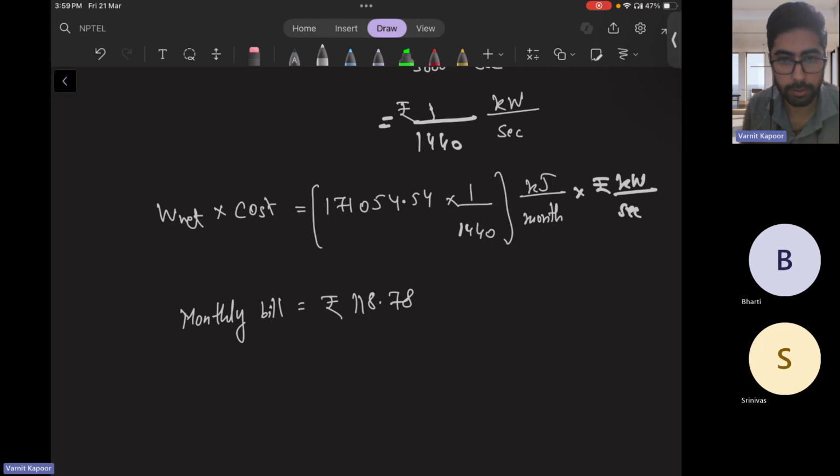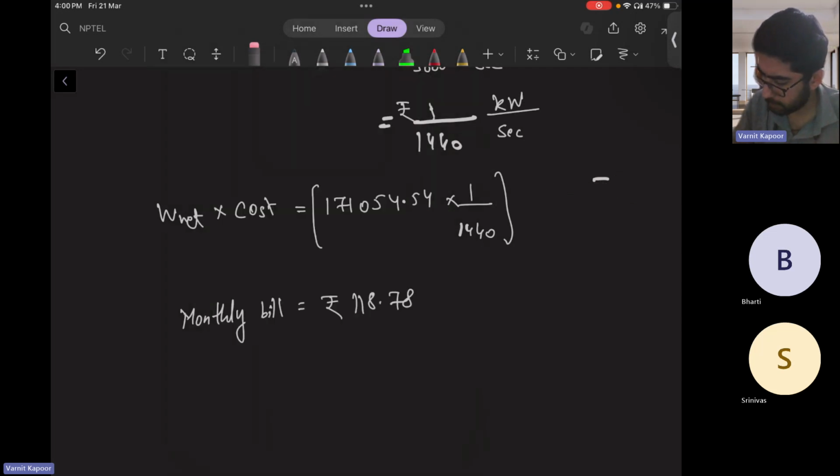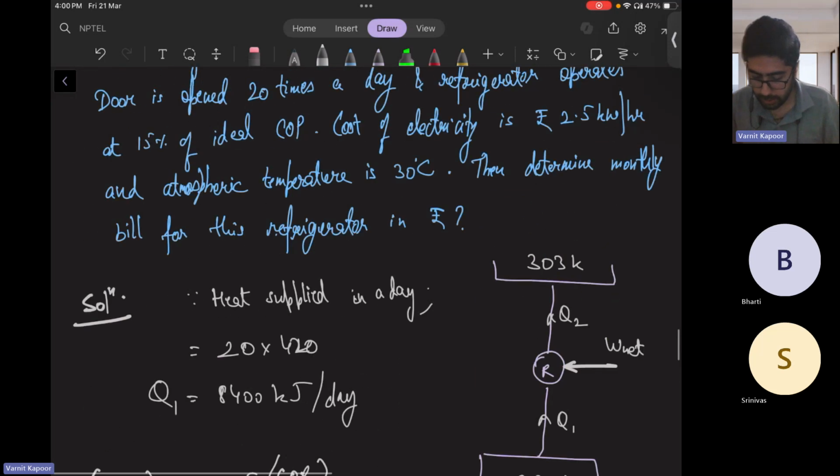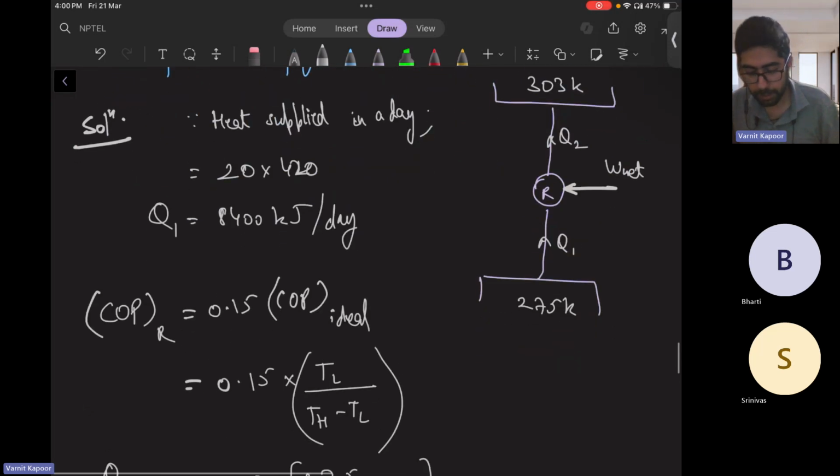All right. Any doubts? It's clear, I guess. So I can remove this, just write in the form of rupees and just multiply. Pretty simple question. We know the heat supplied per day, that is 20 times. The actual COP is 0.15 times the ideal.